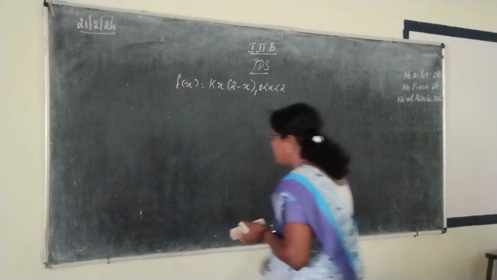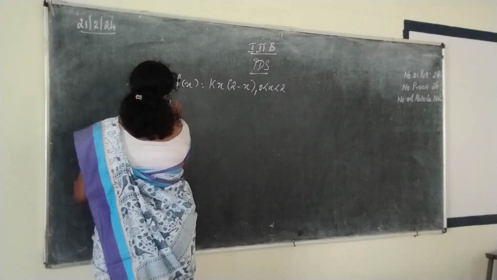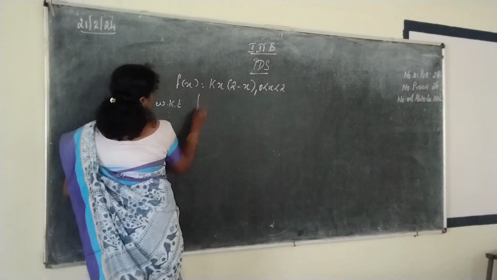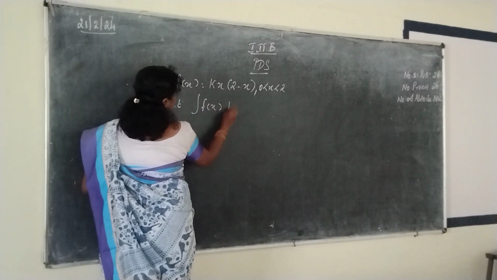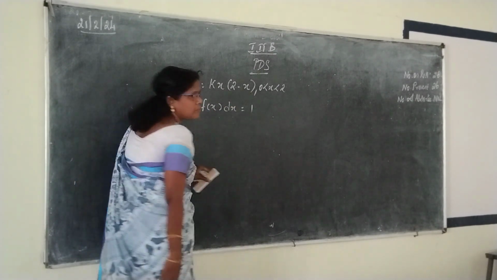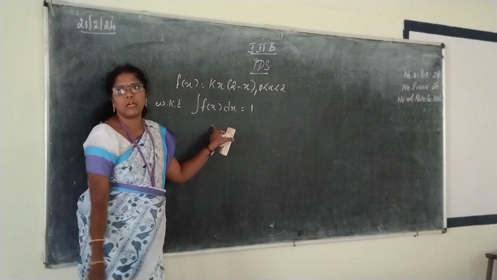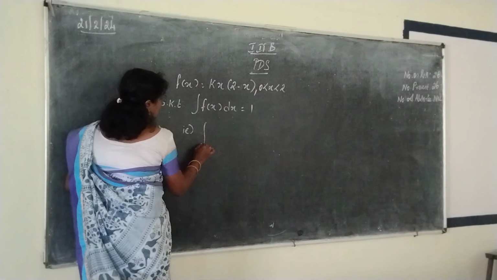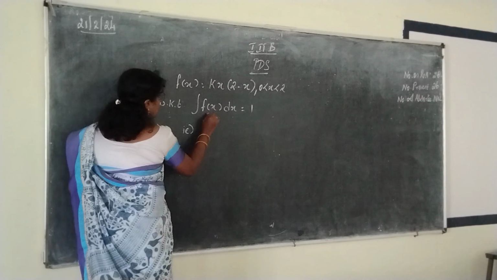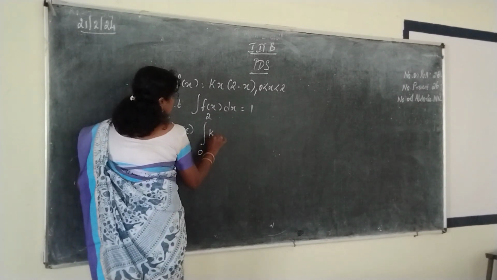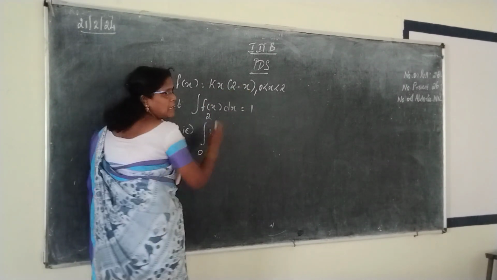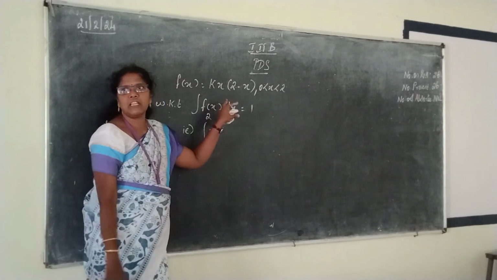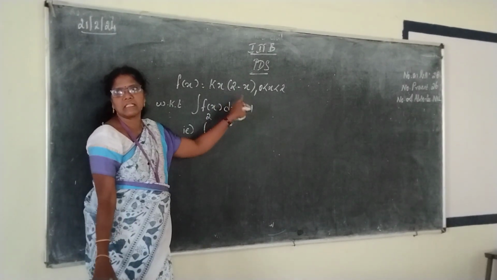We know that the integral of f of x dx is equal to 1. Substitute for the given problem: the limit is 0 to 2, and f of x is kx into 2 minus x. For convenience of integration, take the x inside.